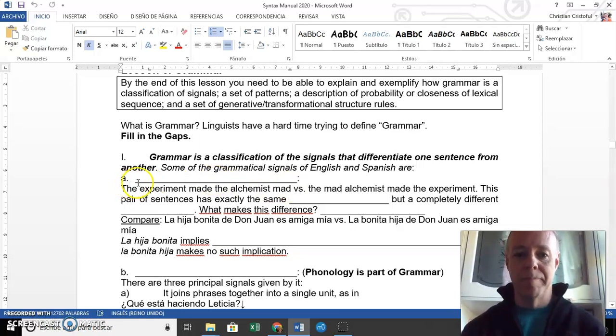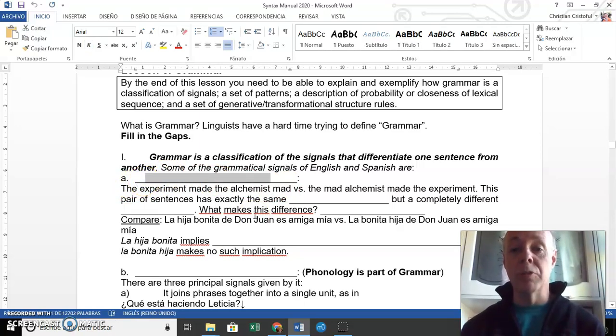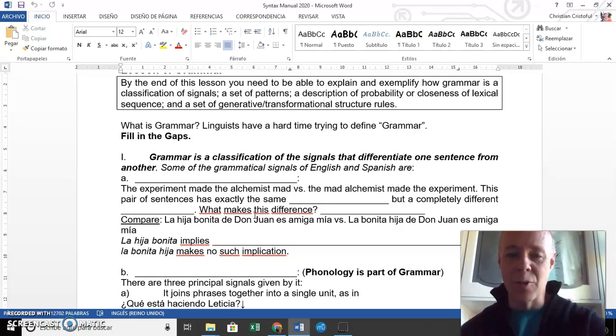The first one, and here we have a blank space, so you need to guess. Look at the sentence. The experiment made the alchemist mad versus the mad alchemist made the experiment. Did the meaning change? Yes, you're right. It changed the meaning.